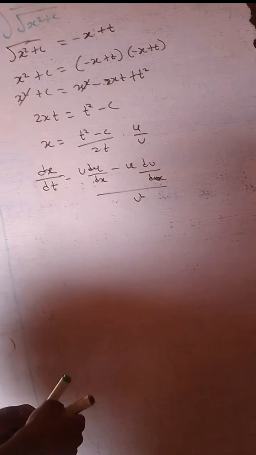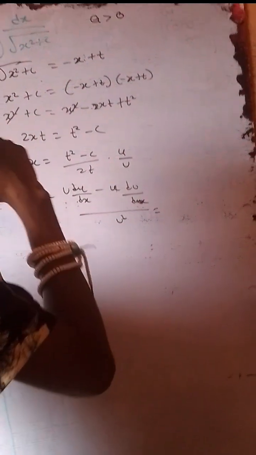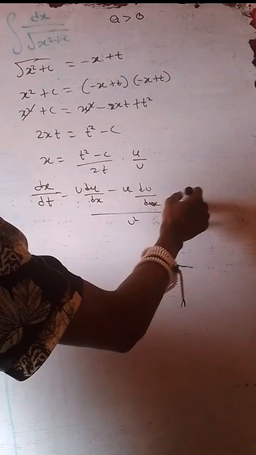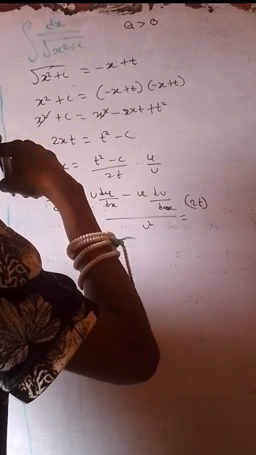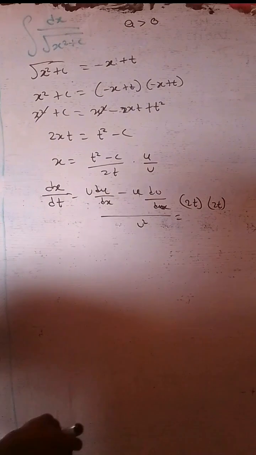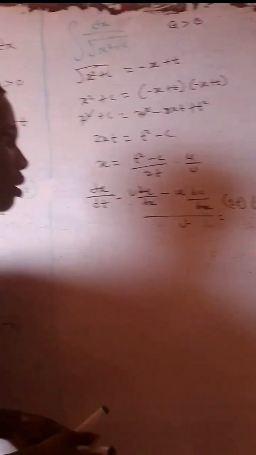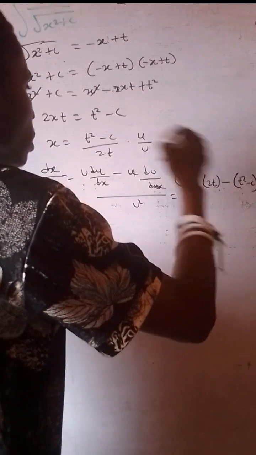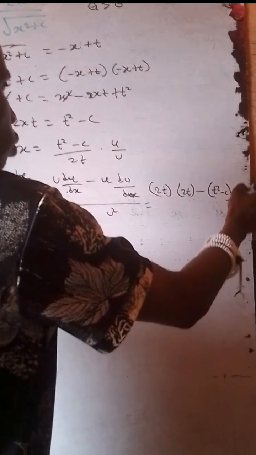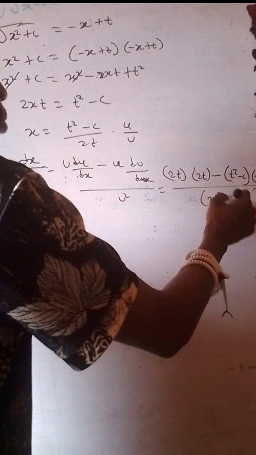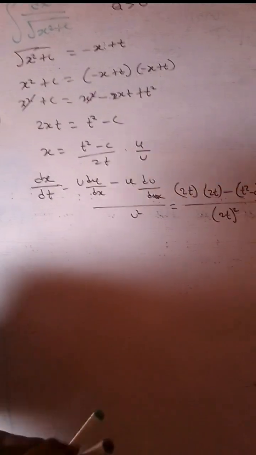Are you with me? Then that will equal your v, which is 2t, times our du dx, which is 2t also. This is a constant, so we'll present that as a constant, minus our u, which is t squared minus c, then our dv dx, which will automatically give us 2, over our v squared, which is 2t raised to power 2. Are you with me?